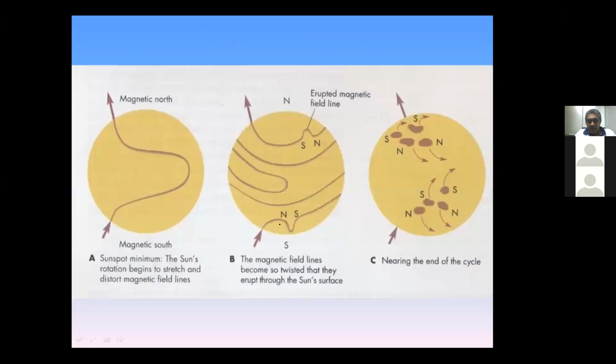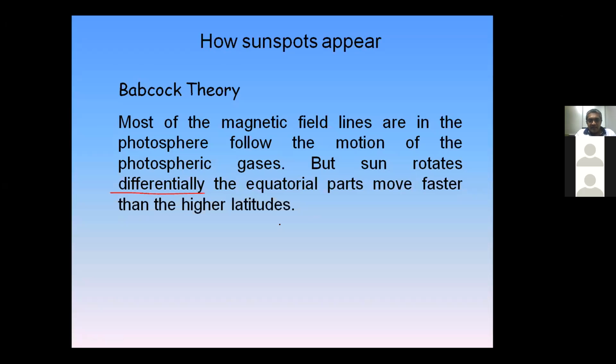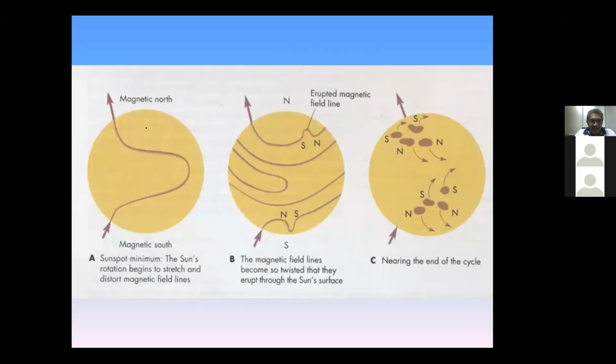So then what will happen? If you look at the magnetic field just below or on the surface of the photosphere, because of this differential rotation, it rotates faster than the polar region. So these magnetic field lines are stretched along the equator in the direction of the rotation.